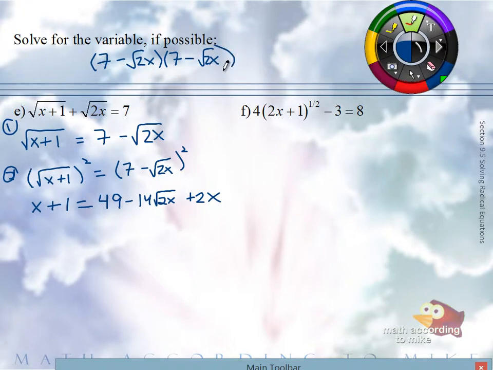Do we have radicals left over? Yes. So we have to do step 3. Step 3 says go back to step 1 and isolate a radical. So how do we get this guy all by itself?